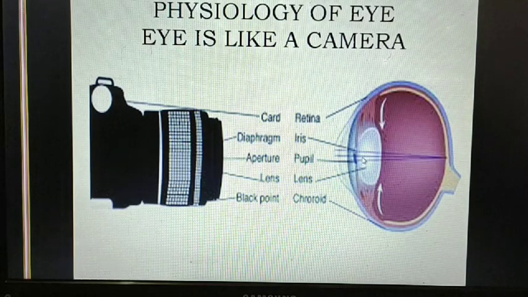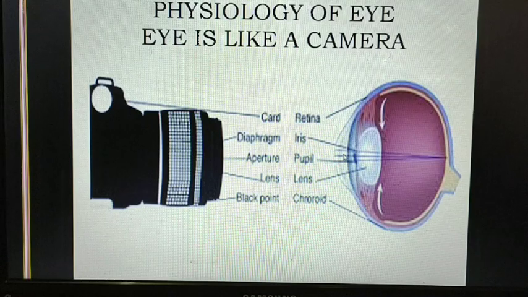The iris regulates the amount of light, and the ciliary muscles along with the suspensory ligament changes the shape of the lens, like adjusting the camera for objects that are nearby or far away.